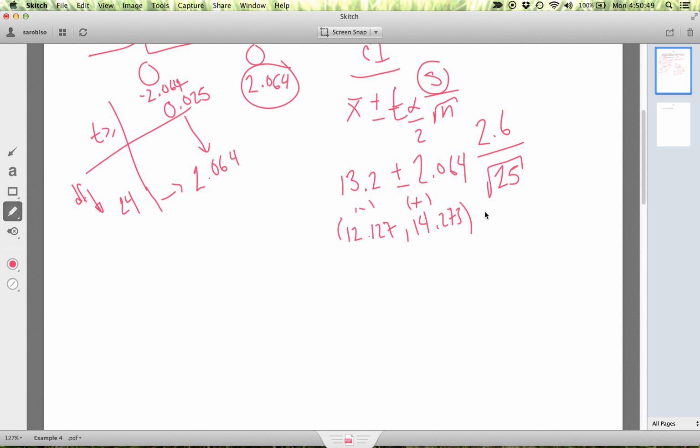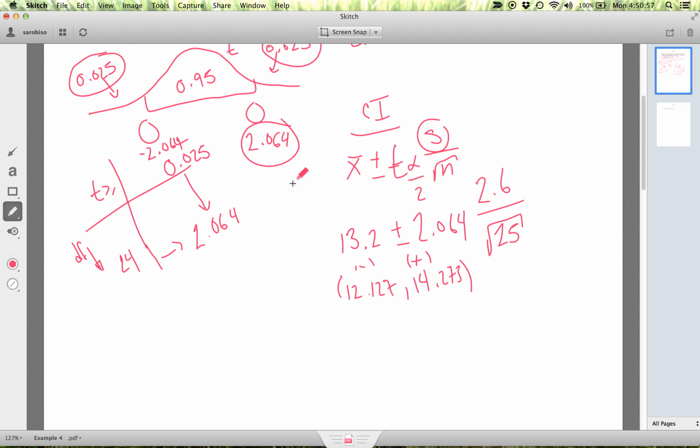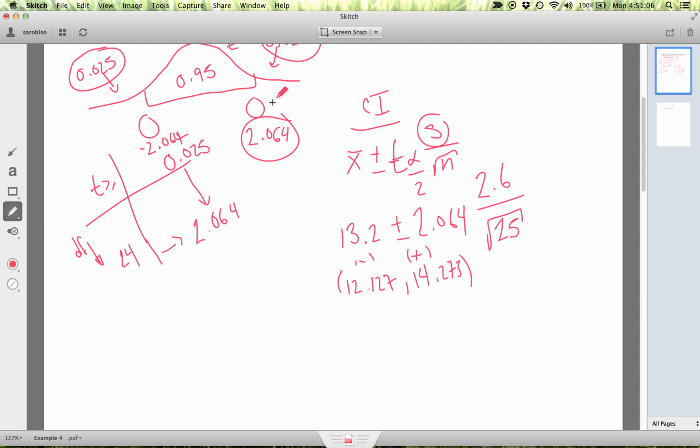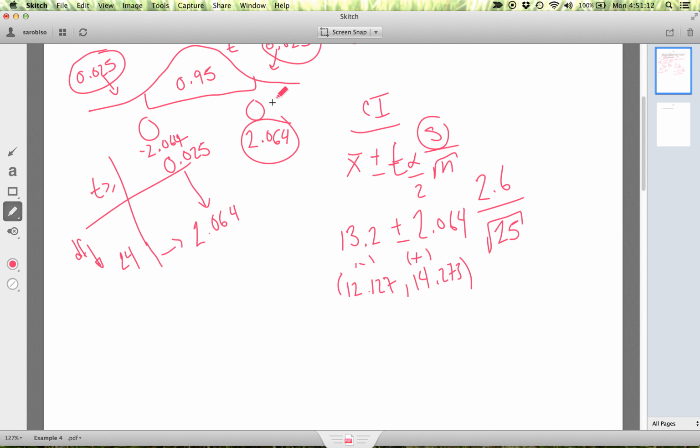Oh, I guess we also have to answer if there were any assumptions required. Here we are making an assumption. Notice especially when I drew the picture, I drew it as a bell shape. The worry is that it's not perfectly symmetric. When the central limit theorem kicks in, when n is large, we know that it will be bell-shaped.